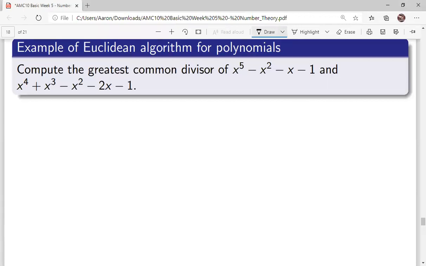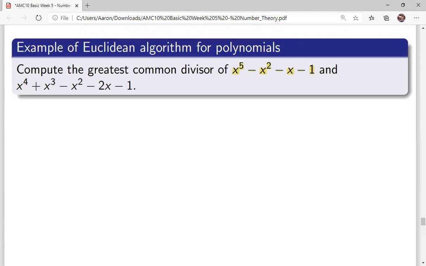Alright, so I'll start going over this problem now. So compute the GCD of x to the fifth minus x squared minus x minus 1 and x to the fourth plus x cubed minus x squared minus 2x minus 1.